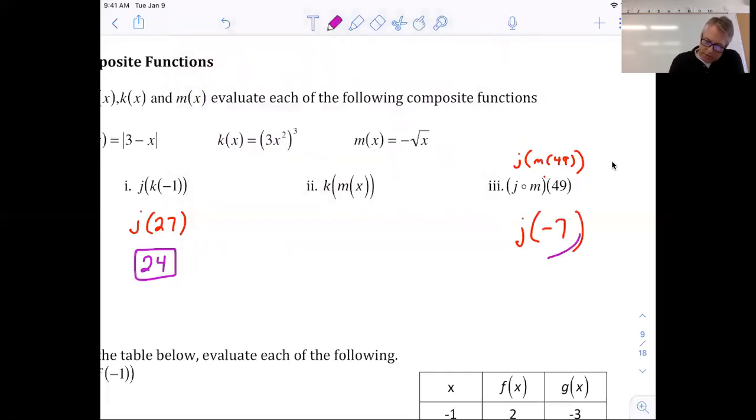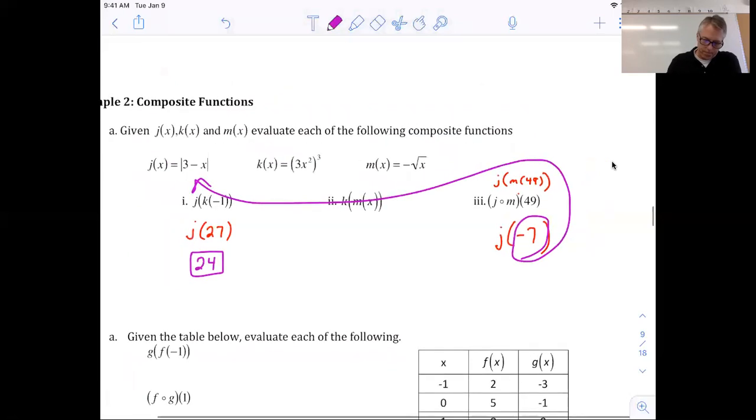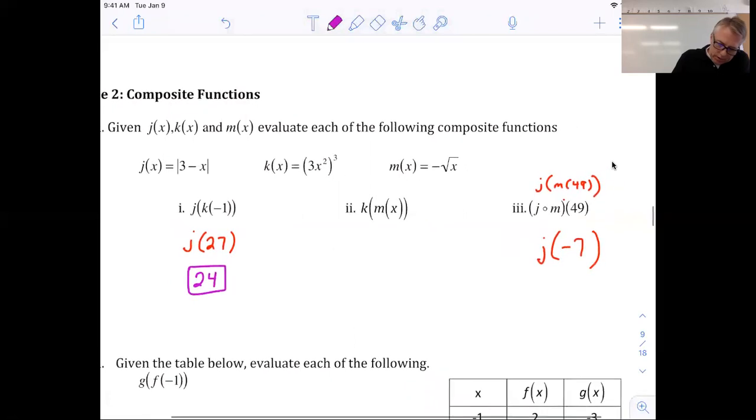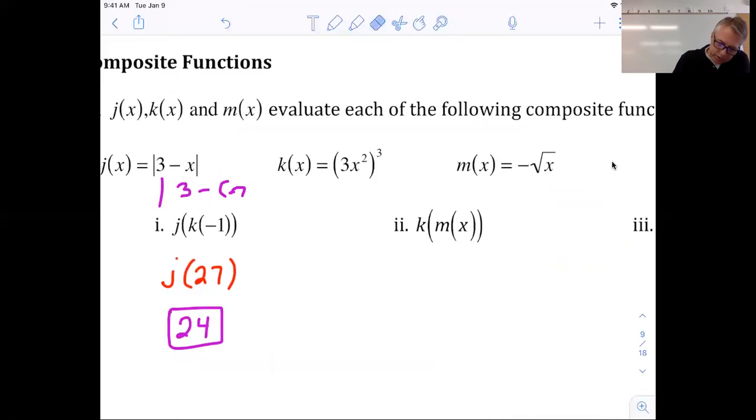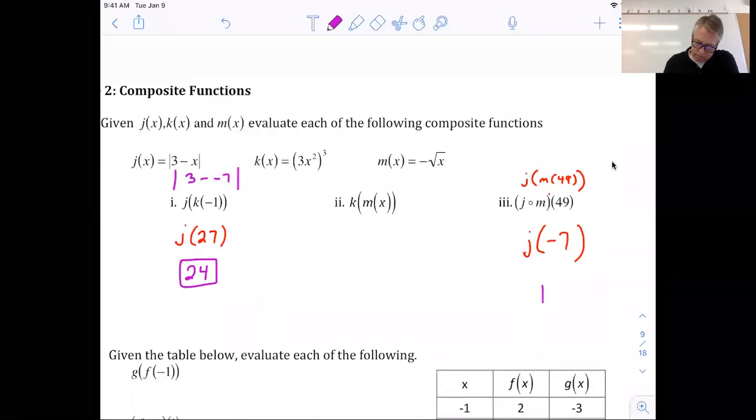I now have to take that -7 and plug it into j. So I do absolute value of 3 minus, that's a -7 there, sorry, my fat fingers can't get it. 3 minus -7, which will be absolute value of 10, which is 10.